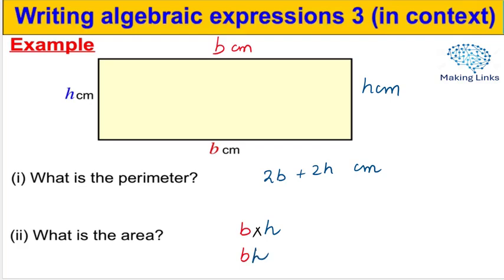And that's the formula of the perimeter also. So this is the formula of perimeter for a rectangle, and that's the formula of the area of a rectangle.